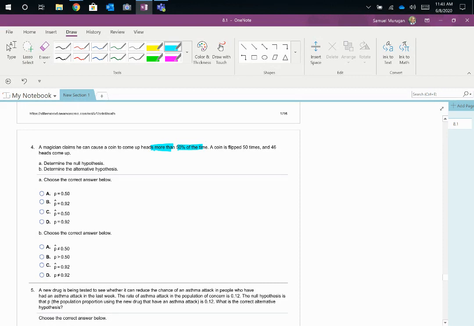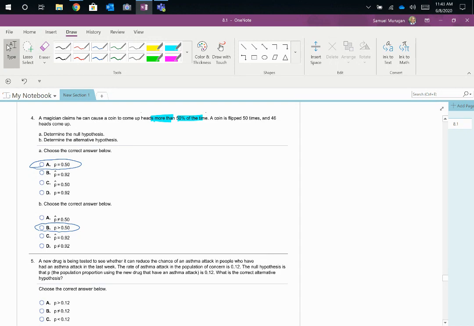Already the null hypothesis would be p is equal to 50%, or 0.50 as a proportion, not p-hat, okay, p, not the sample proportion. And we're trying to say it's more than, so p is greater than 0.50. Okay, never use p-hat for this.